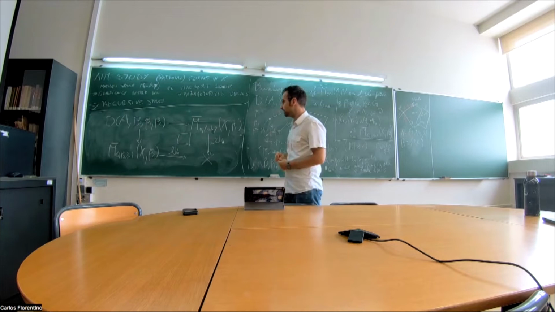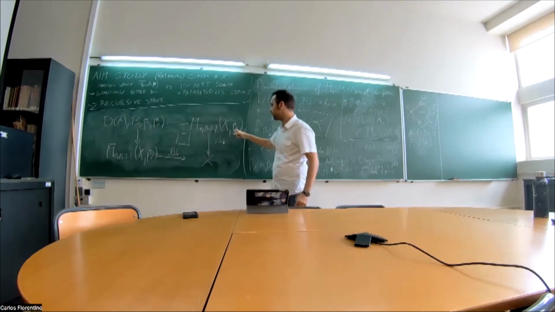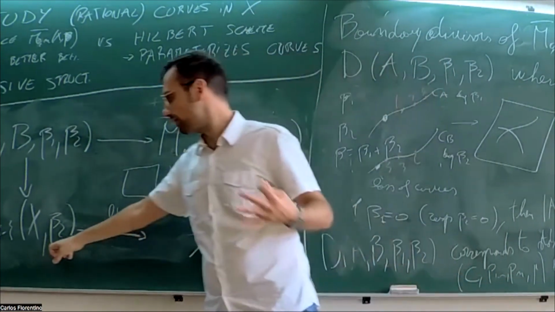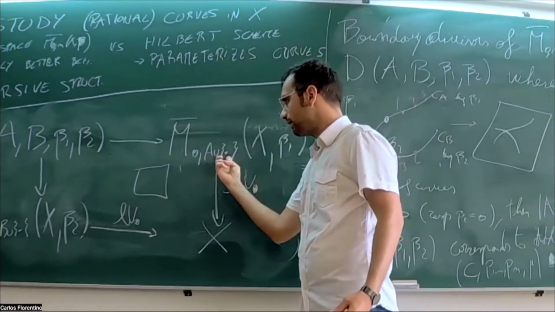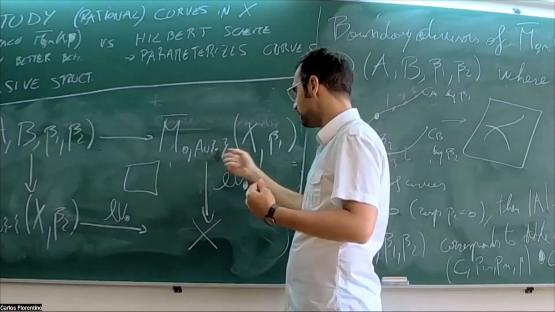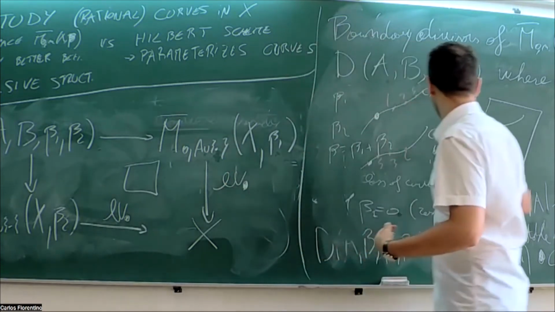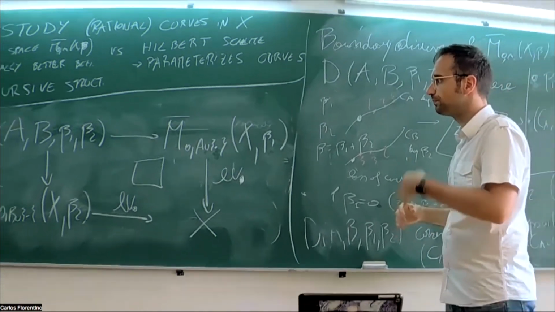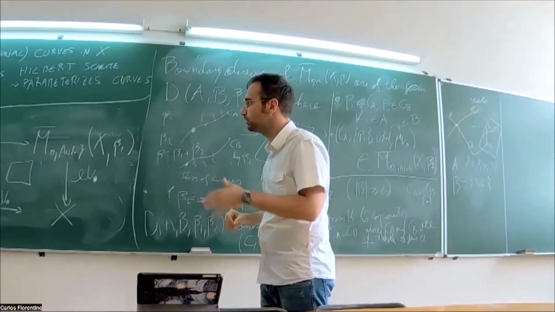So here I have a degree less than beta, and here also a degree less than beta, that eventually can be 0. Here I have fewer marks. So I reduced both the degree and the marks, and I defined an element of M bar. So you have a recursive structure, which will be important later. We will see all the advantages of this structure.